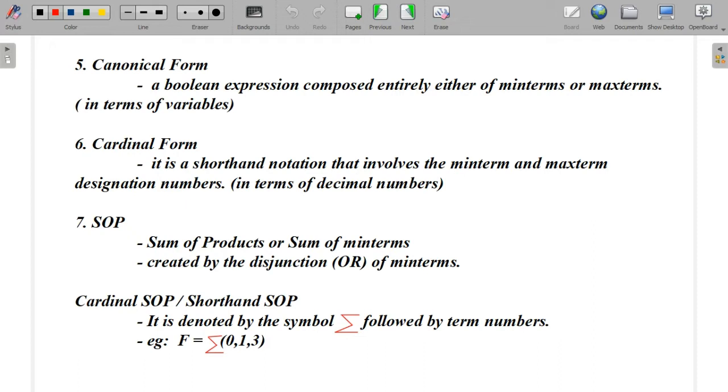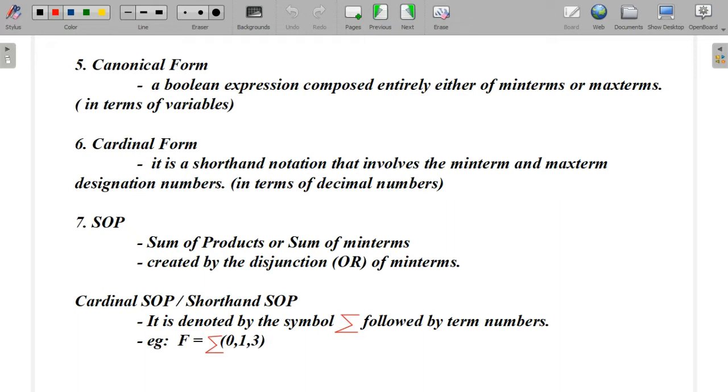The next one is cardinal form. It is a shorthand notation. Shorthand notation means we can include the designation numbers, in terms of decimal numbers. It involves the min term and max term designation numbers. The decimal number corresponding to the min term and max term is known as cardinal form.